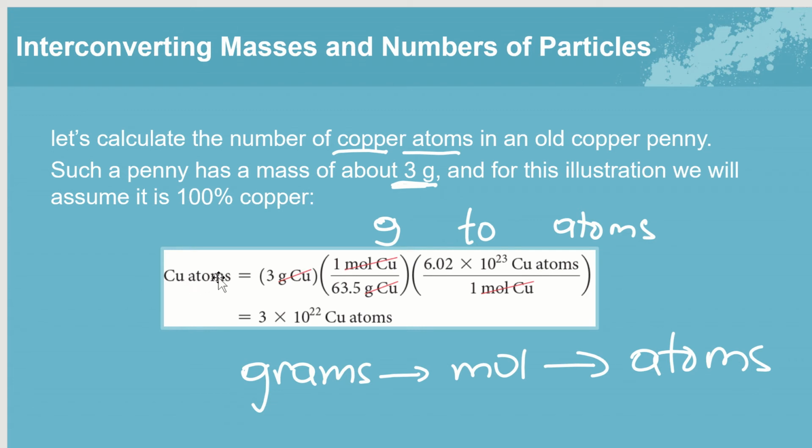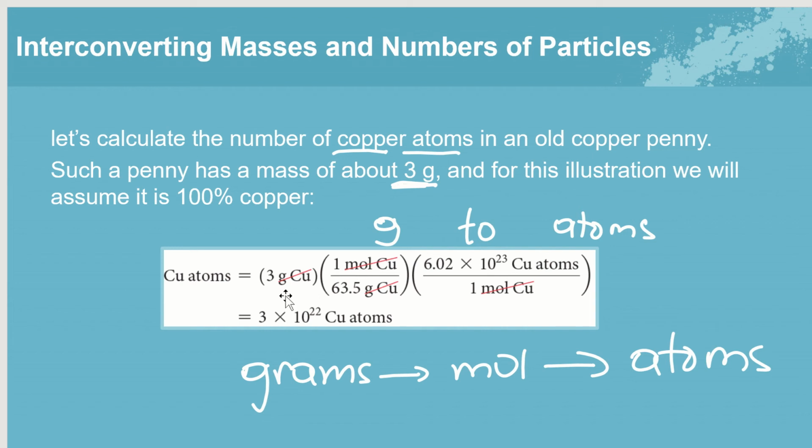So here we have our equations, right? If you recall from our previous calculations, we have our given unit, which is in grams, and we have our desired unit in the first set of conversion factor here.